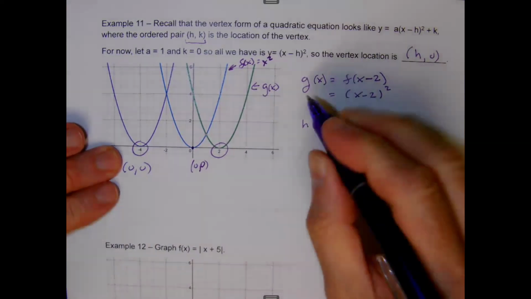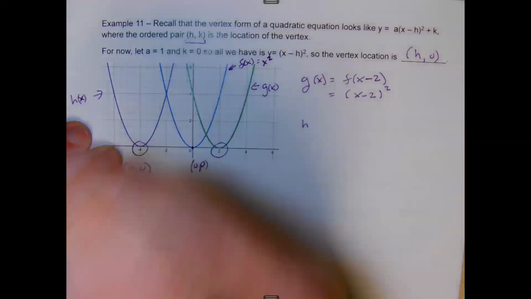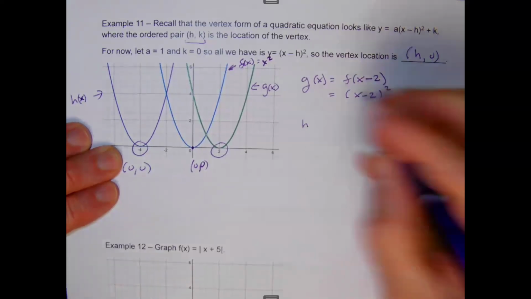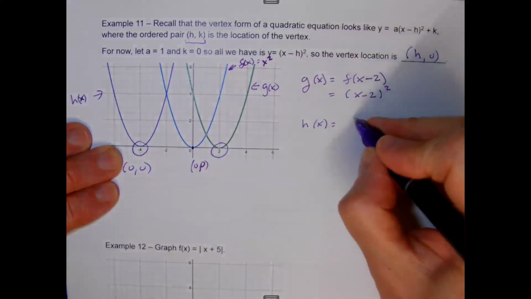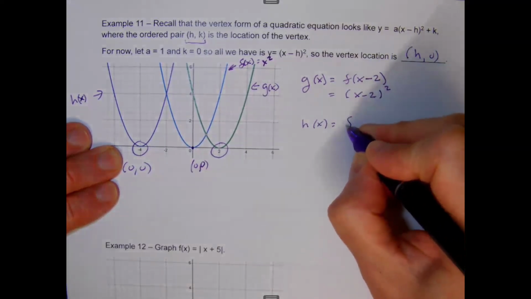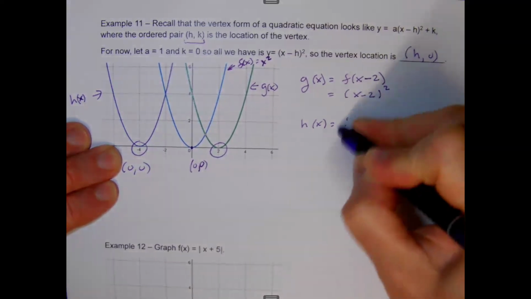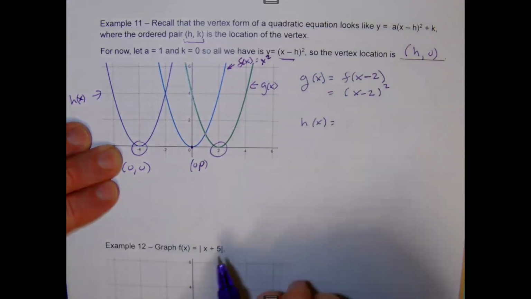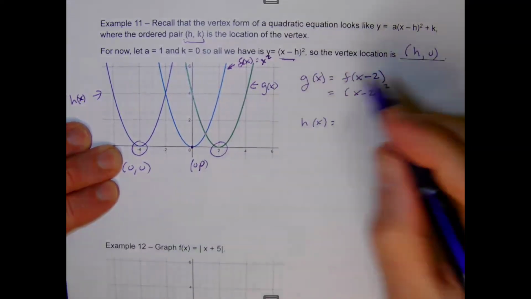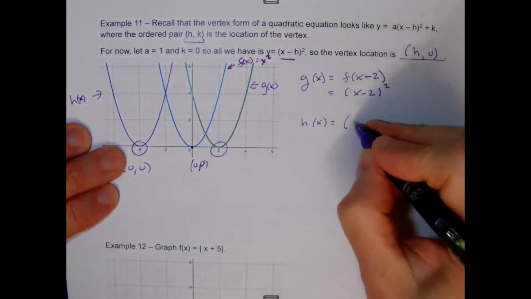Well, again, I'm going to call this function h of x. Let me just write it in terms of what I said the function was, which is x minus h squared. The h now is a negative 4.